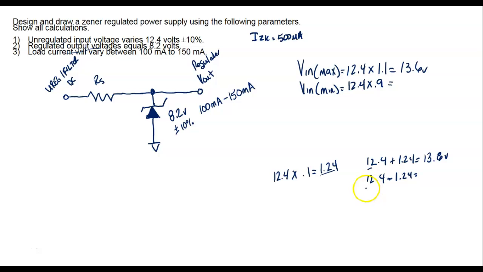What do we come up with here if I take it and subtract 1.24 from this? Or we can multiply by 0.9. 11.16.